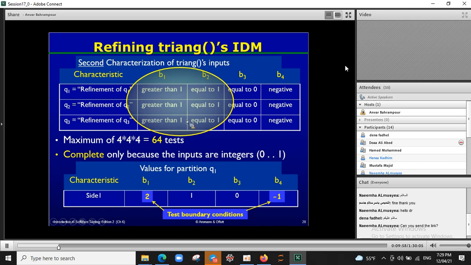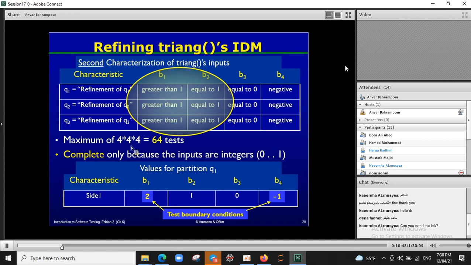And the maximum of tests that could be held in this approach for this example is 4 cubed, because we have 4 choices, we have 4 blocks to select a value from them for the first side, for the first characteristic for partitioning Q1. 4 choices are there for the first side, and for the second side, we have again 4 choices.